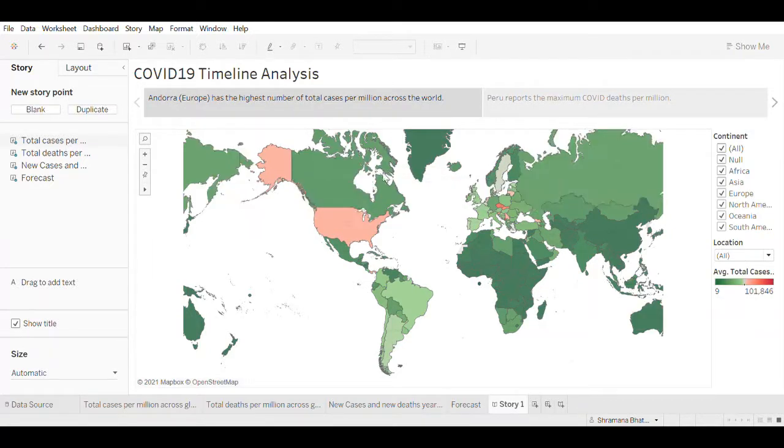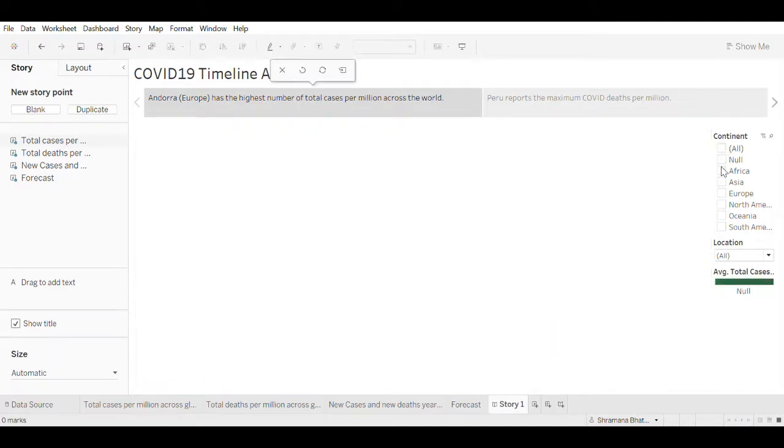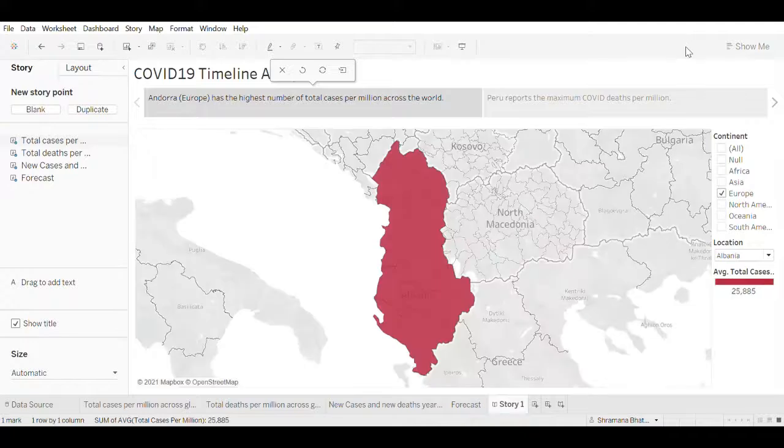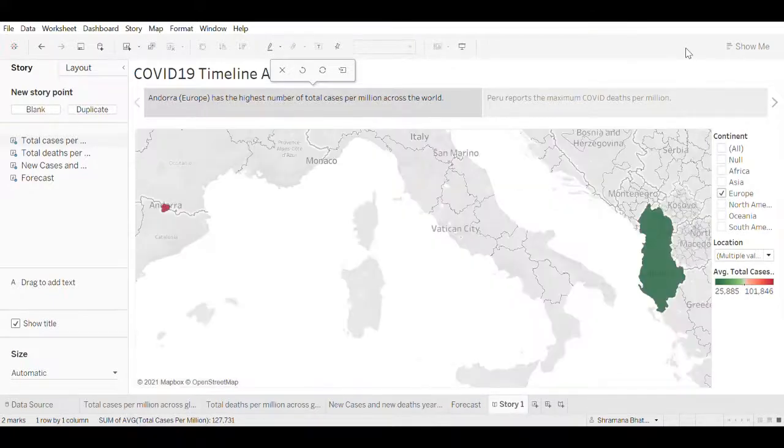Okay, so this shows a picture of the whole world, the average total cases per million. Andorra, Europe has the highest total number of cases per million across the globe. It's a place in Europe. If I just show Albania and Andorra, you'll be able to spot, say, Bulgaria, Croatia.